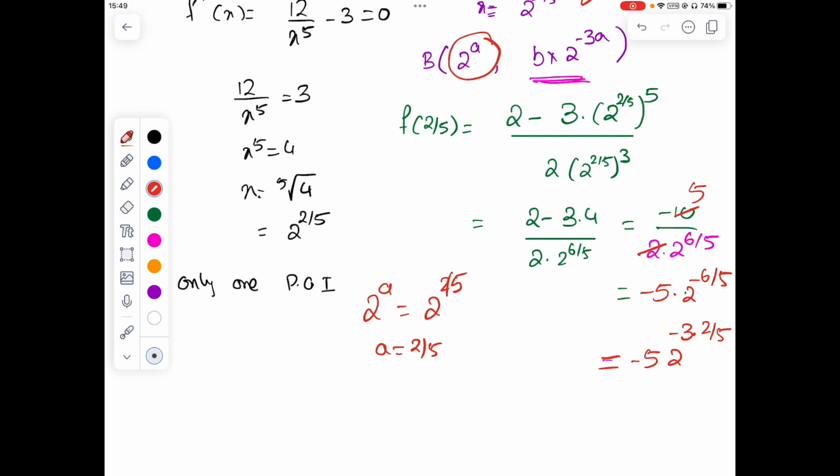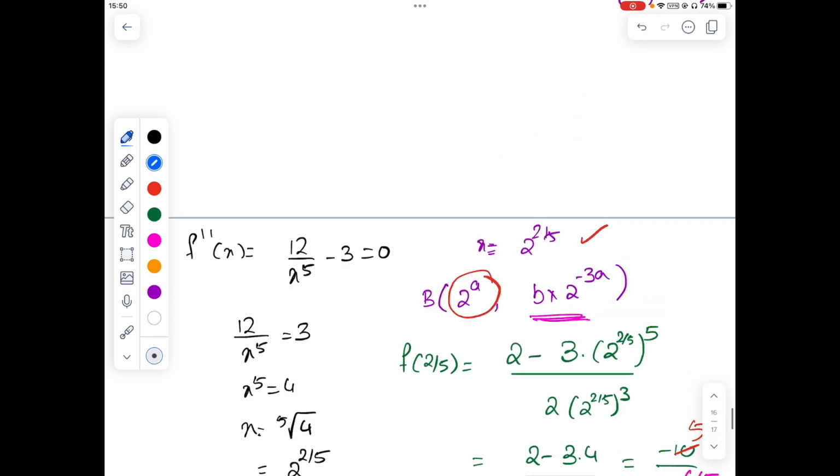So it is in the form of b times 2 power negative 3a. So a is 2 upon 5, which is valid over here. So what is the value of b? b equals negative 5. If I write it as 11 upon 5, you can clearly see that it cannot be written in that particular form given in the question. So therefore, I don't simplify it, rather I keep it as it is.